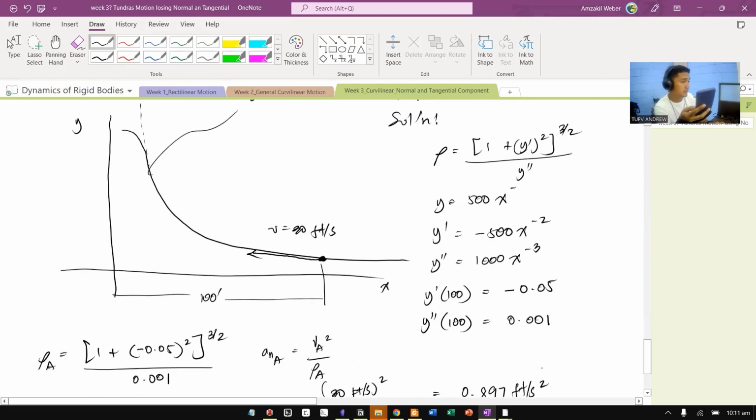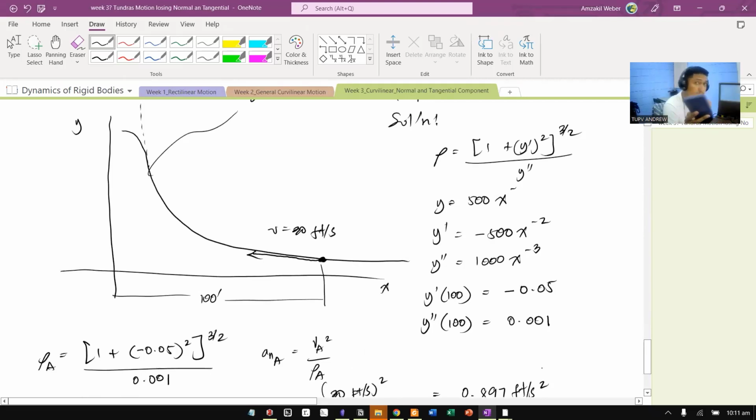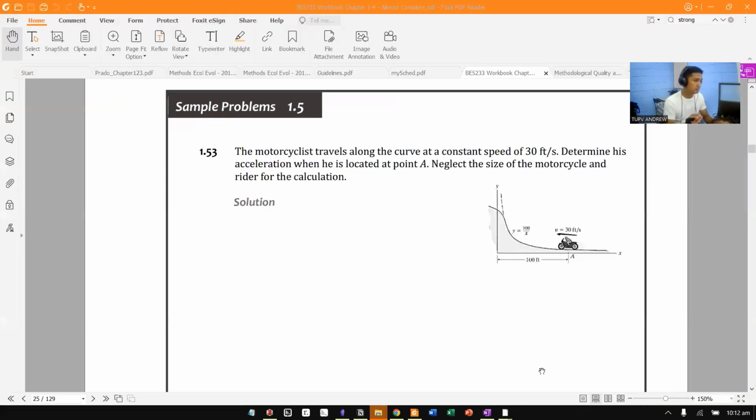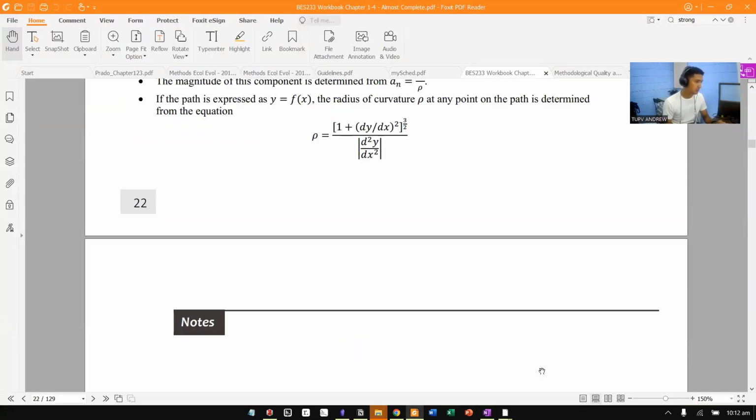Is this correct? Let's check the derivation. 500 over x is 500 x to the negative 1, so y prime is negative 500 x to the negative 2, and y double prime is 500 times 2, 1000 x to the negative 3. At 100, 500 divided by 100 squared gives 0.05, and 1000 divided by 100 cubed is 0.001. 1 plus 0.05 squared raised to 3 halves, not 2 thirds. Yes, 3 halves.